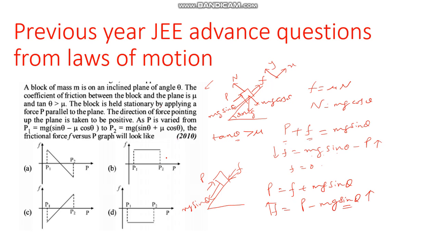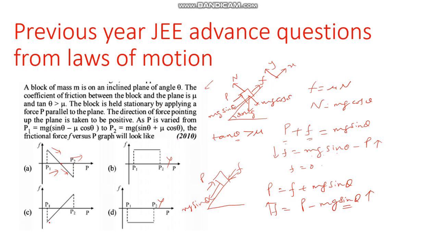So these two graphs don't make any sense. For P1, initially when you're increasing P, F is decreasing. Then after a certain value, when you're further increasing P, F is increasing but in the opposite direction. So these two graphs make sense.